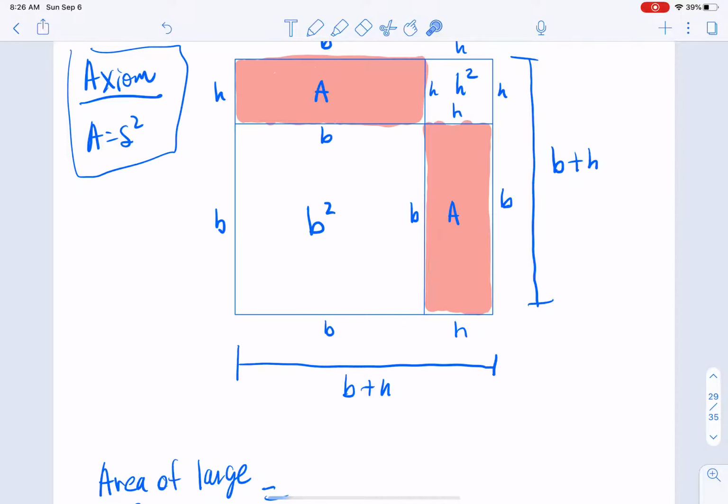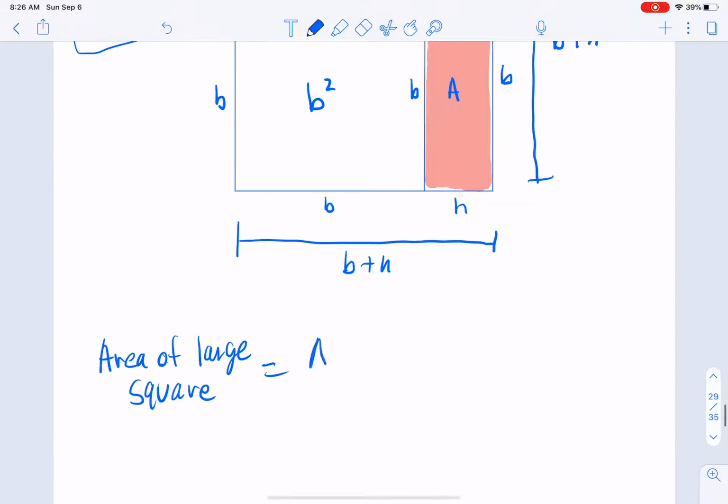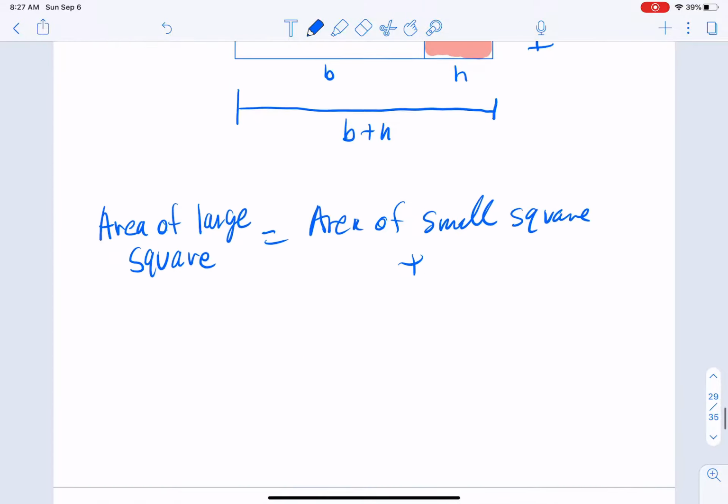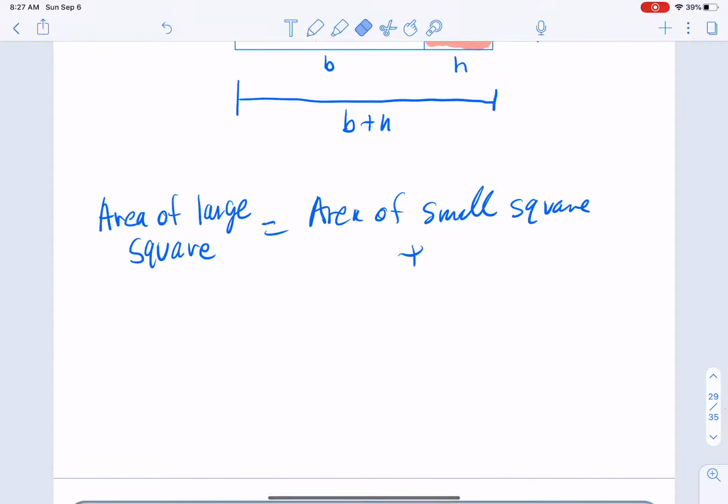So we have the area of the small square plus the area of this medium-sized square. That's what I'm going to call it. It's its official name, area of medium-sized square.